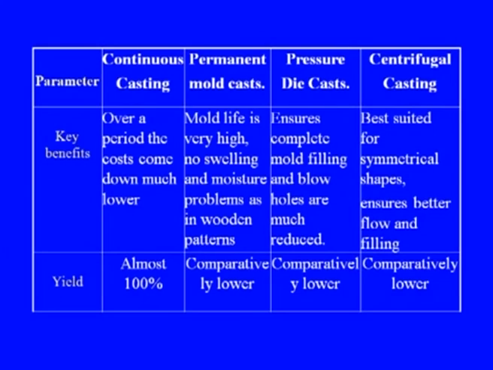In case of permanent mold casting, the mold life is very high, with no swelling and moisture problems as in wooden patterns, because here in most cases metallic materials, metals or alloys, are used as the pattern, whereas wooden patterns, because of moisture or the aging effect, get swelled or deformed or degraded.